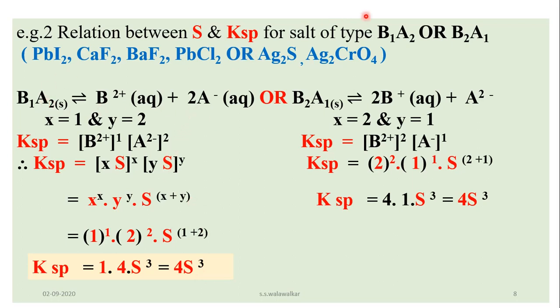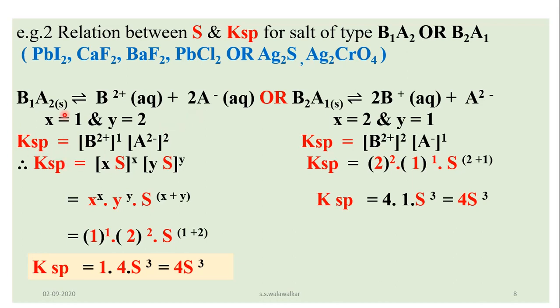Now suppose a B1A2 type of salt is there, then the solubility equilibrium for this type of salt is like this: B1A2 gives you B ions plus 2A ions. Therefore here X is equal to 1 and Y is equal to 2, as 2A ions are formed in the solution.